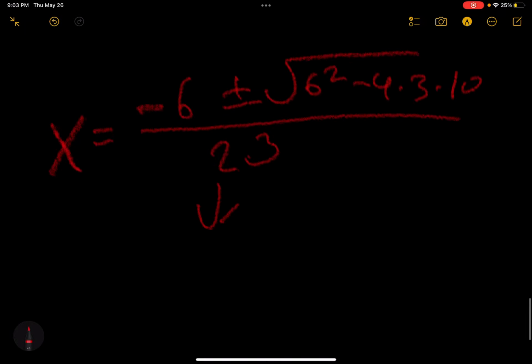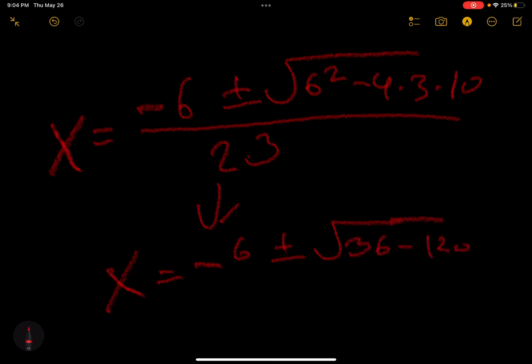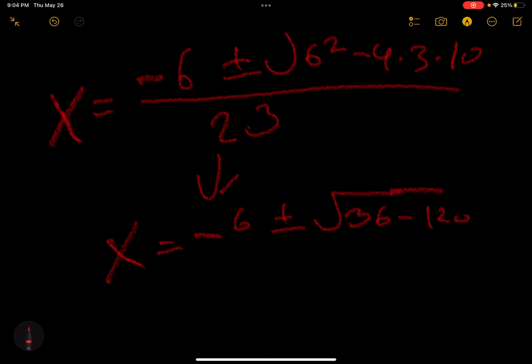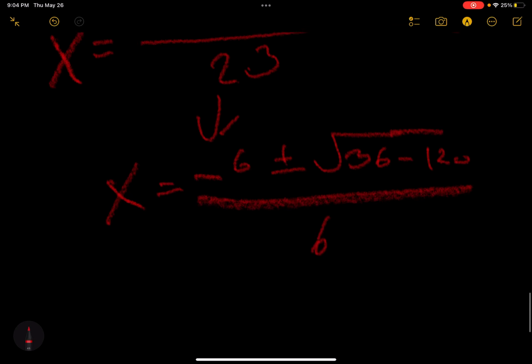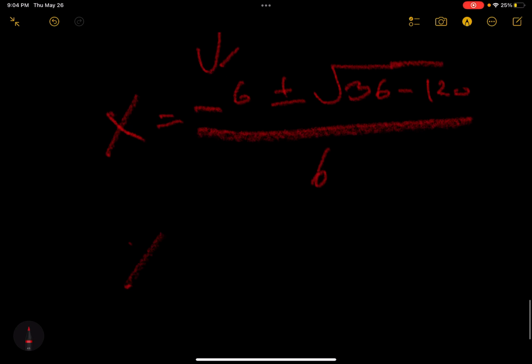Now let's start simplifying again. Negative 6 plus or minus 36 minus 120. Now, if you're probably wondering, how do you do that? I'm going to get there. And actually, you kind of can't do that, so I'm going to explain that. We can simplify this even more.